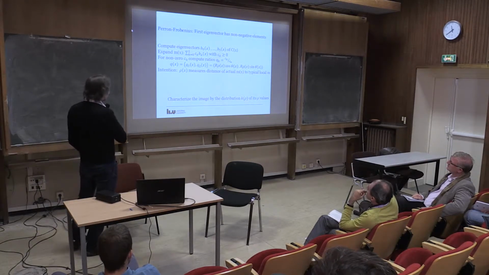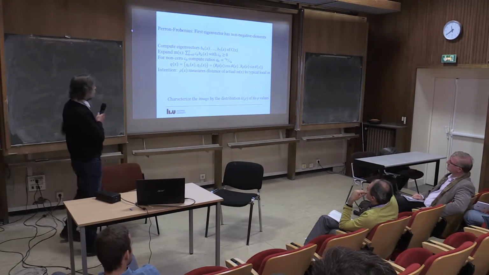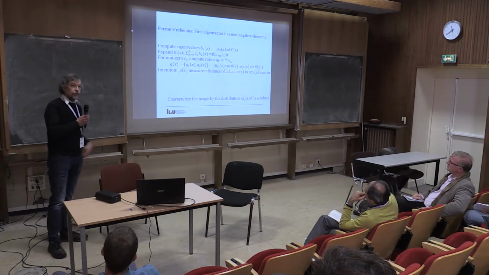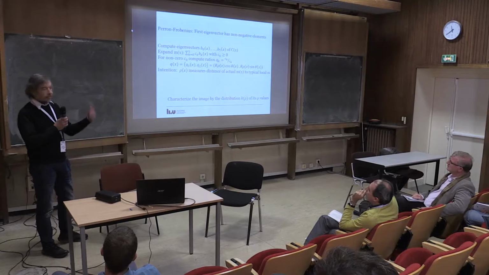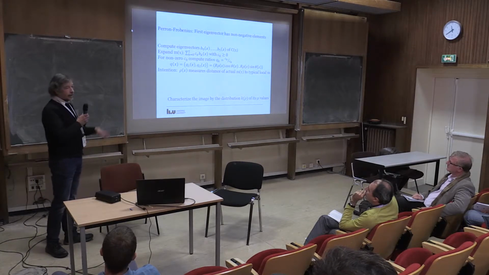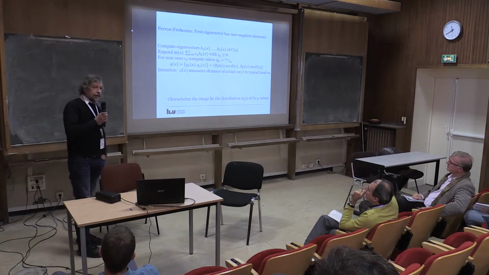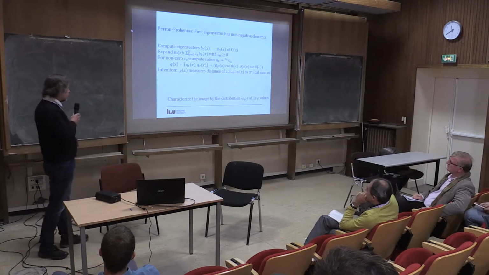So then you have a description, and to make it simple here, I only take the first 2 of these ratios, because that's the interesting part. The rest is technically a little bit more complicated, but nothing new theoretically.